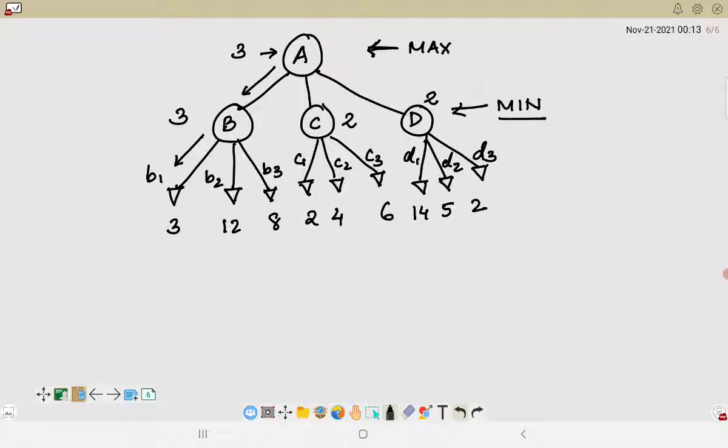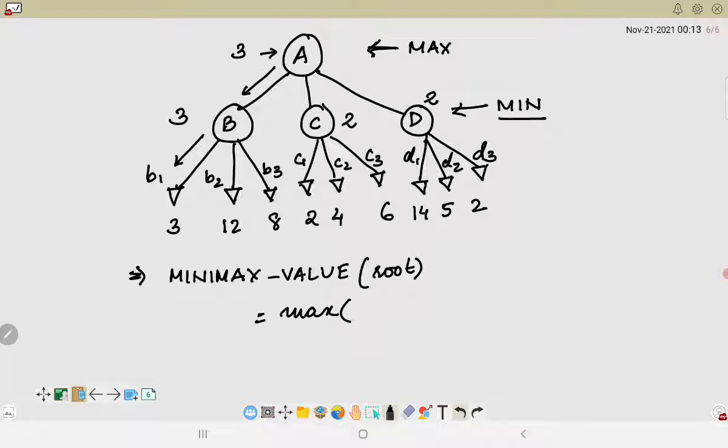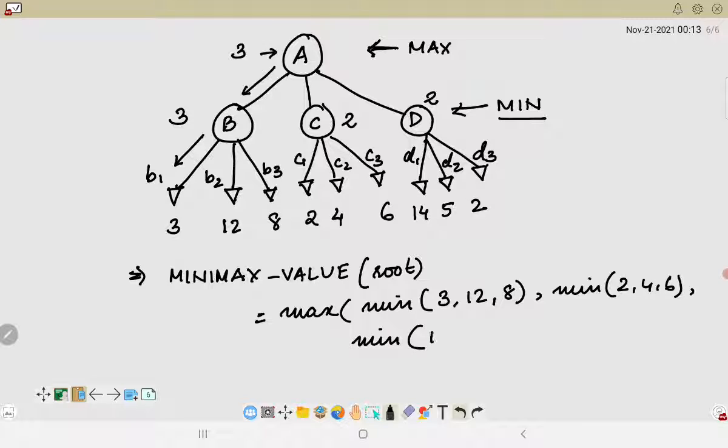If we represent this in the standard minimax representation, the minimax value of the root is max of min(3, 12, 8), min(2, 4, 6), min(14, 5, 2).